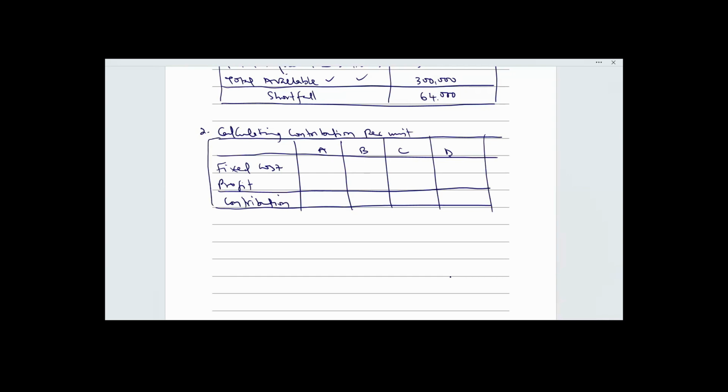Okay, so fixed cost for product A is 1 naira. Profit of product A is 20 naira. That's 21. Let's go back to the question and confirm for B.